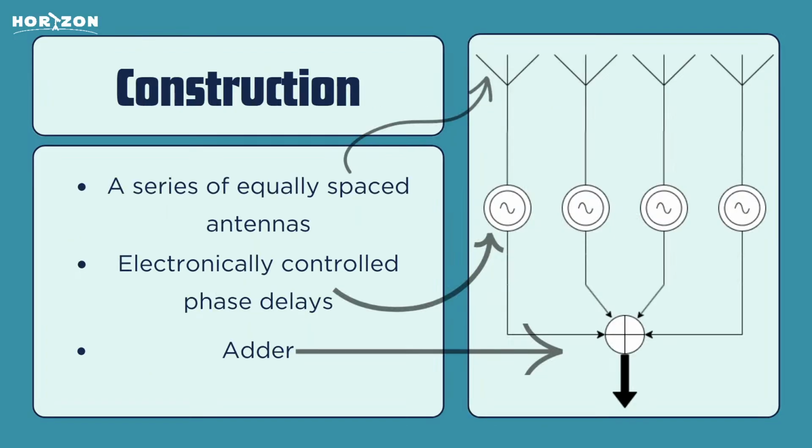So, this is how a phased antenna array construction would look. Say, imagine you have a line of antennas which are all equally spaced, for example, and they are usually simple antennas. They don't need to be very complex, very difficult to make. Usually they are dipole antennas. Sometimes they are dish antennas, the parabolic reflectors that we talked about. Connected to them are electronically controlled phase delays.